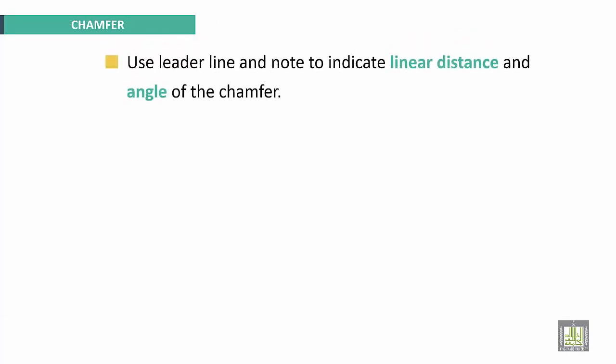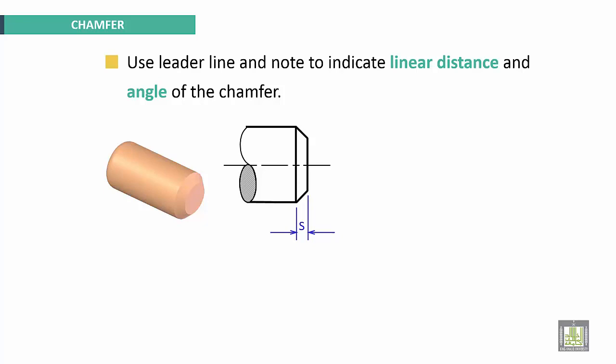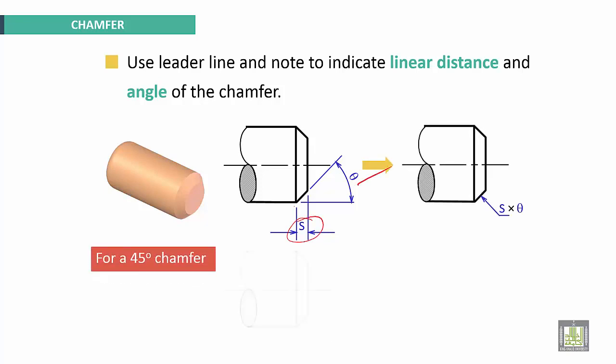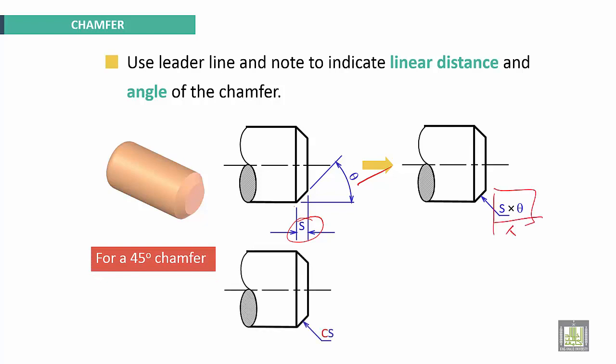For chamfers, use leader line and note to indicate linear distance and angle of the chamfer. For example, here we can specify this chamfer with this dimension and with this inclination, this angle. Or dimension multiplied by angle.